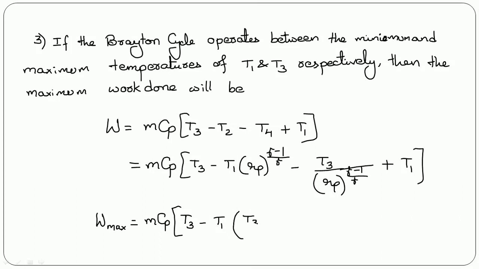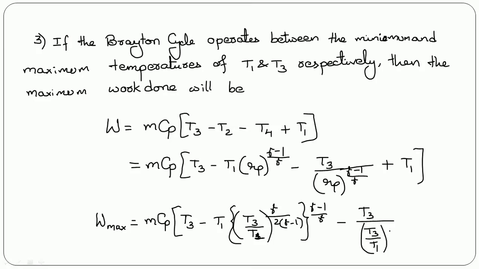We need to take Rp optimum, so that we can write this as T3 by T1 whole to the power gamma by 2 into gamma minus 1, whole power gamma minus 1 by gamma, minus T3 divided by T3 by T1 whole to the power gamma by 2 into gamma minus 1, whole power gamma minus 1 by gamma, plus T1. So these will get cancelled.